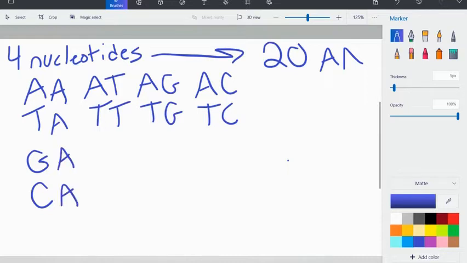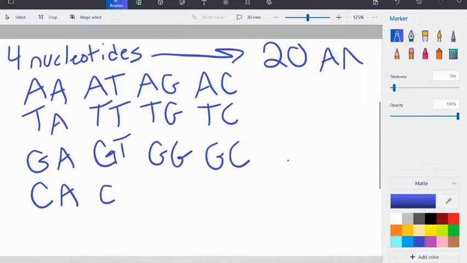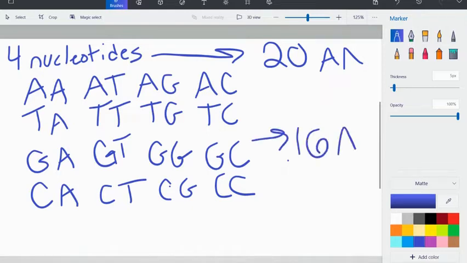So with this one, if I fill it all the way in here, now we have a situation where if each one of these combinations codes for an amino acid, we can have 16 total amino acids.